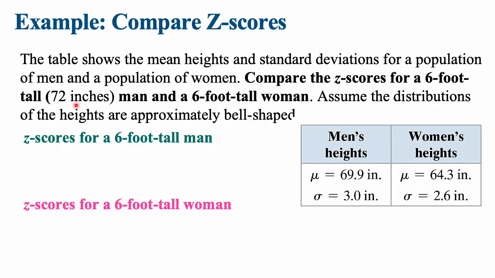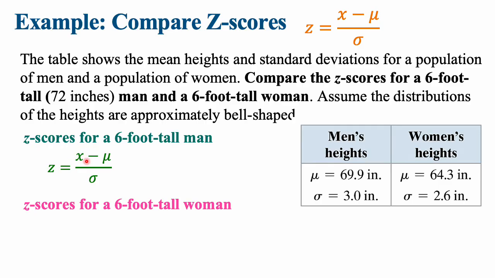Be very careful. This is in inches and this is in feet, so feet must be changed into inches. 6 foot is 72 inches. Let's find the z-score. What is the z-score formula? Z is x minus mu over sigma. Let's find the first one, the z-score for the 6 foot tall man.